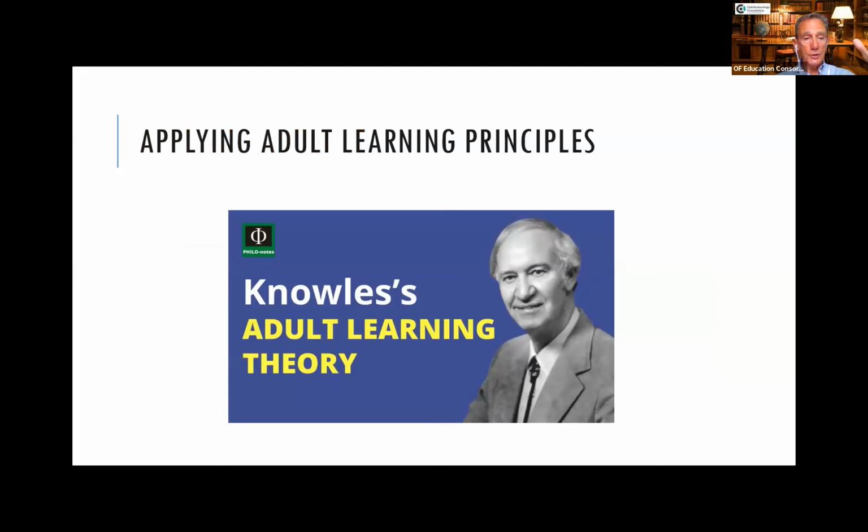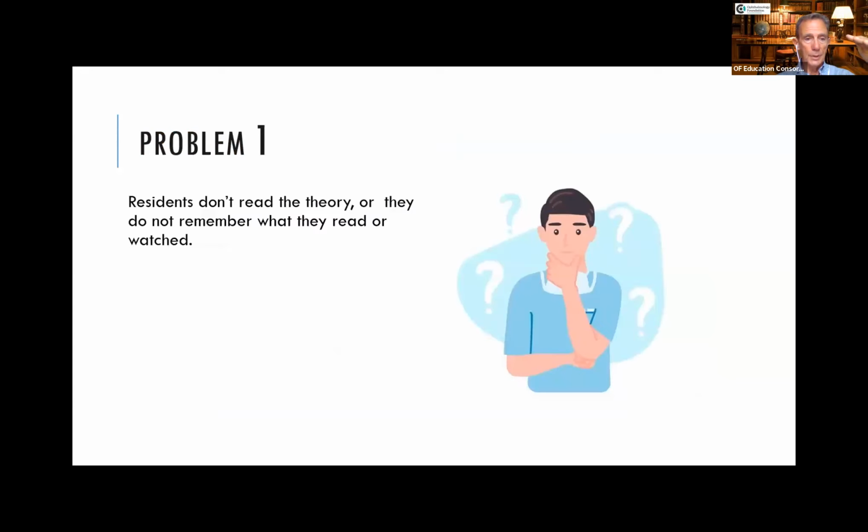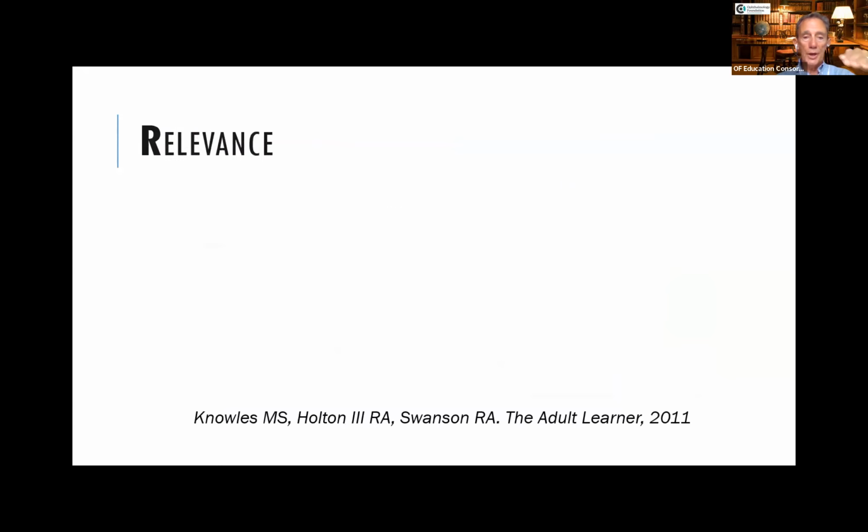Applying adult learning theory here is also very important. You will say residents don't read the theory, or they do not remember what they read. That is true. Many times that happens. So what you have to do is point out the relevance for that. I usually do my best to encourage them to study.